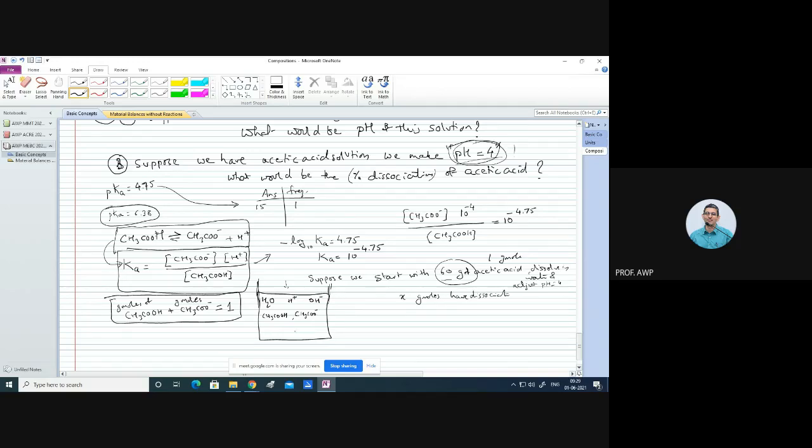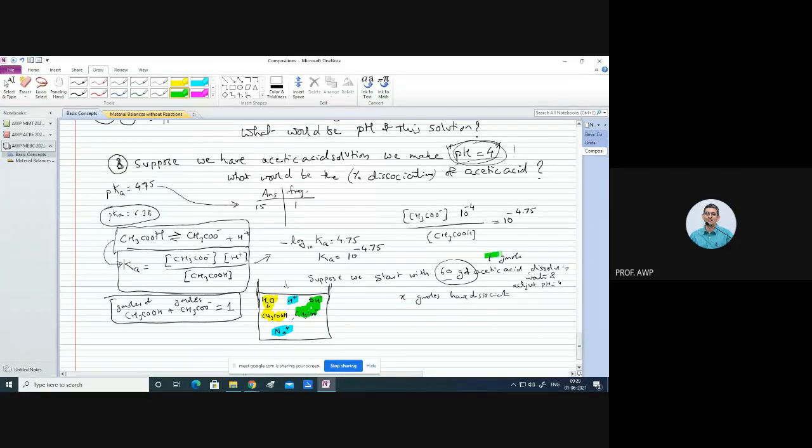Suppose I have taken sodium hydroxide for neutralization, I will have Na plus ions as well. Isn't it? So there are neutral species in the solution: water and acetic acid. There are positively charged ions in the solution, and there are negatively charged ions in the solution. Do you agree with that?